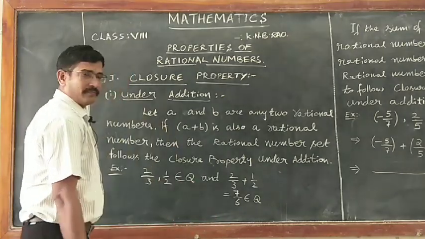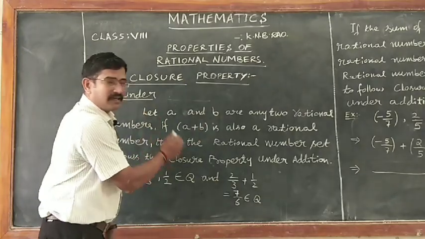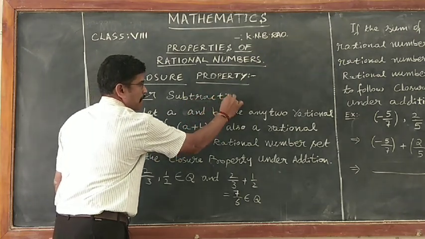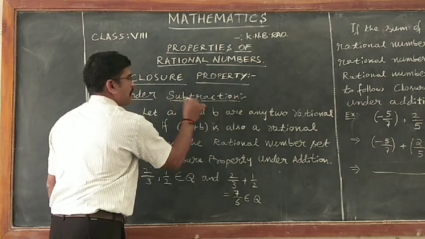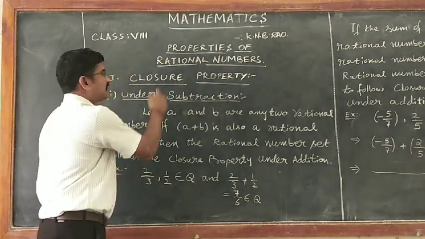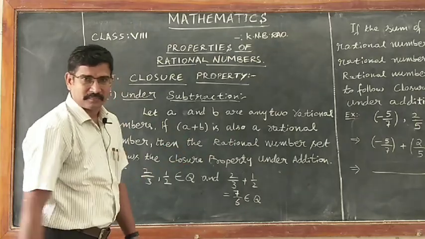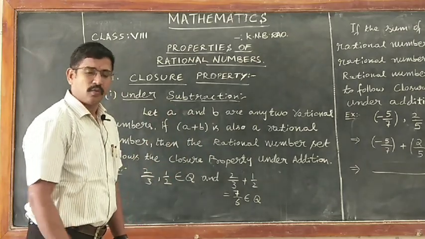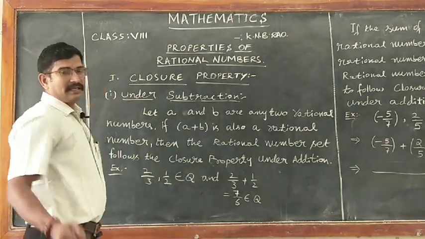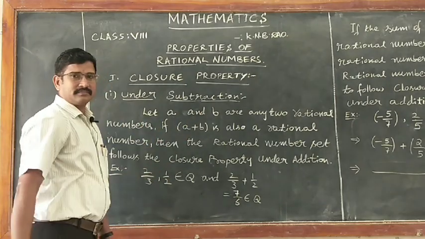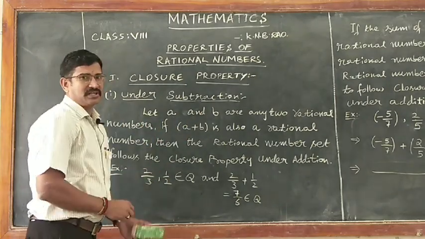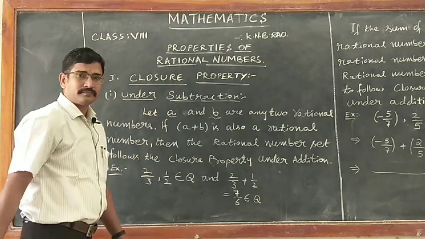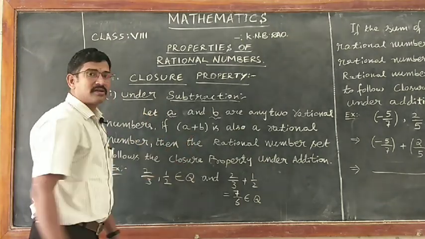Now, I am considering subtraction. Then this definition of closure property changes a bit. What are the changes? Let A and B be any two rational numbers. This remains as it is. Instead of A plus B, what is supposed to come?